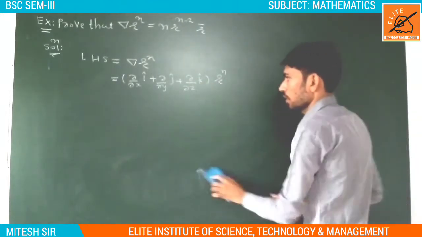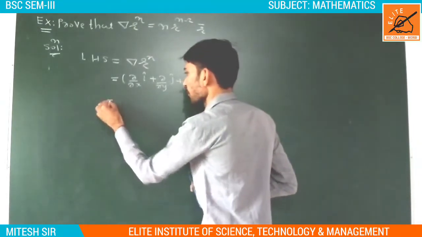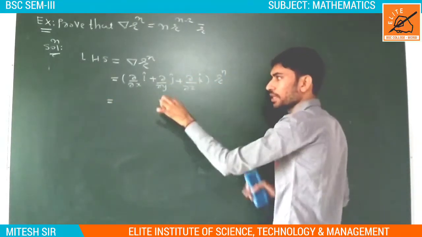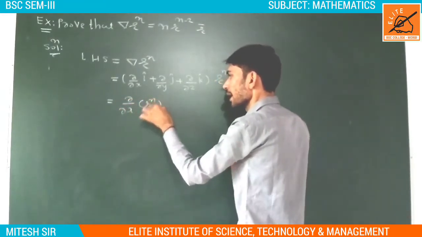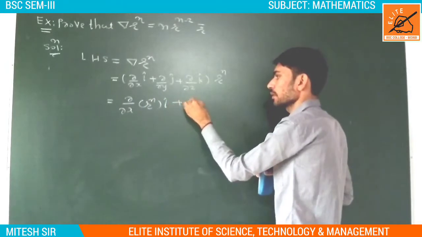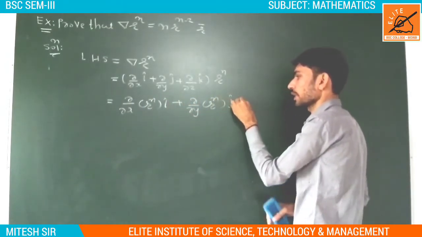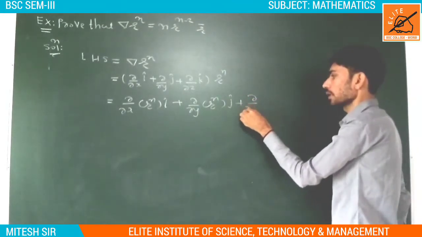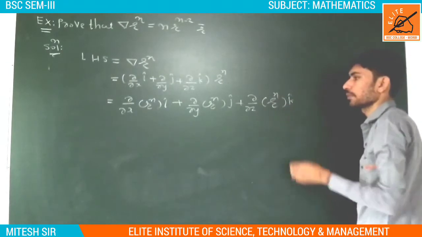As we know, if we multiply a scalar function with the vector, then this scalar function multiplies with each term. That means del by del x r raised to n into i cap plus del by del y r raised to n into j cap plus del by del z r raised to n into k cap.